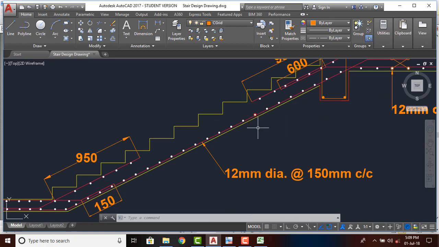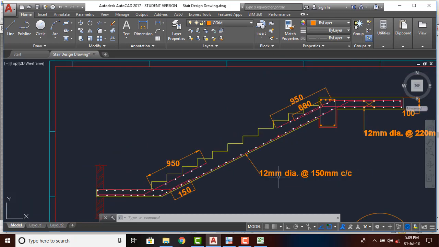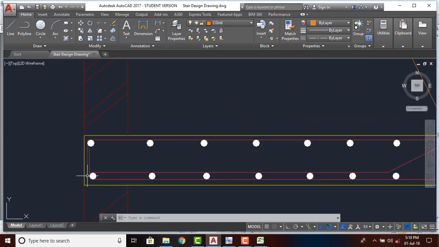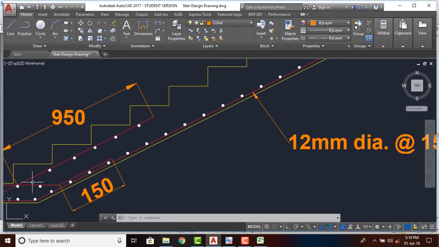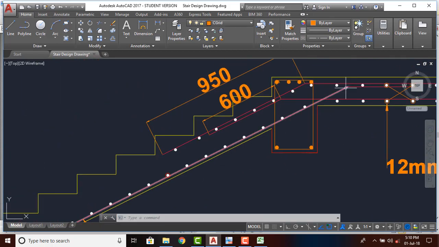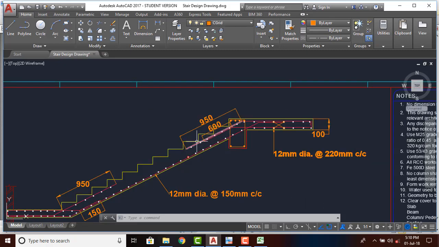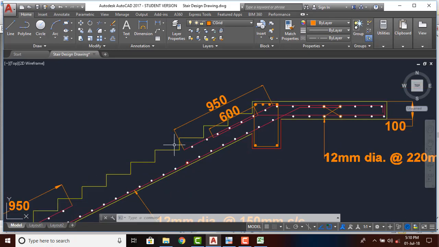So in this case also the main reinforcement will be in the bottom side, which I calculated as 12 mm dia at 150 mm center to center. So that reinforcement will be starting from here. It is bent and it extends to the top side of the landing slab in this second flight, and it extends up to here. Then the reinforcement in the top landing portion of the staircase starts from here, that is 950 mm.